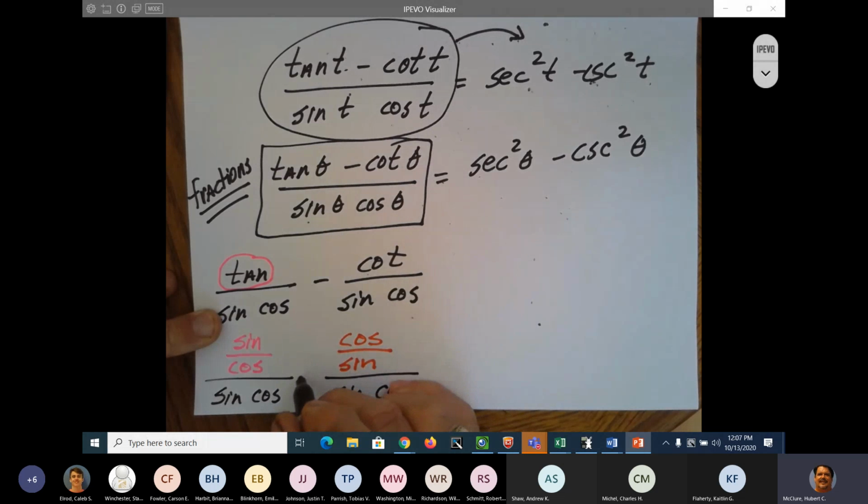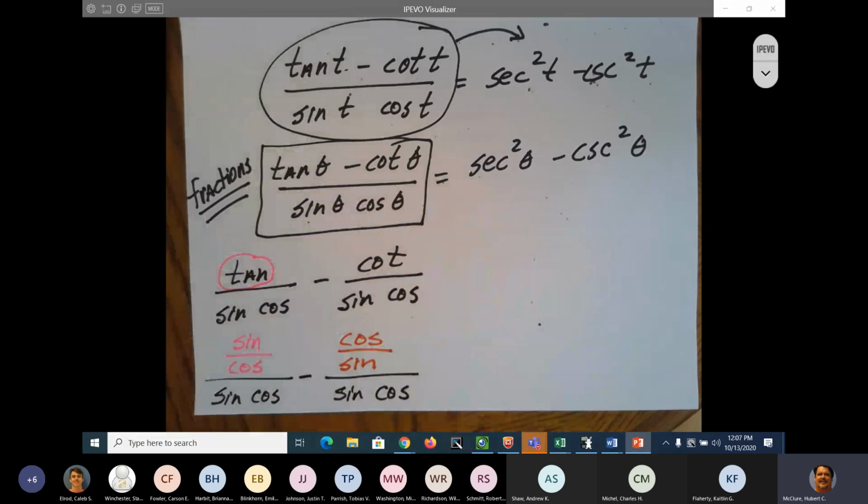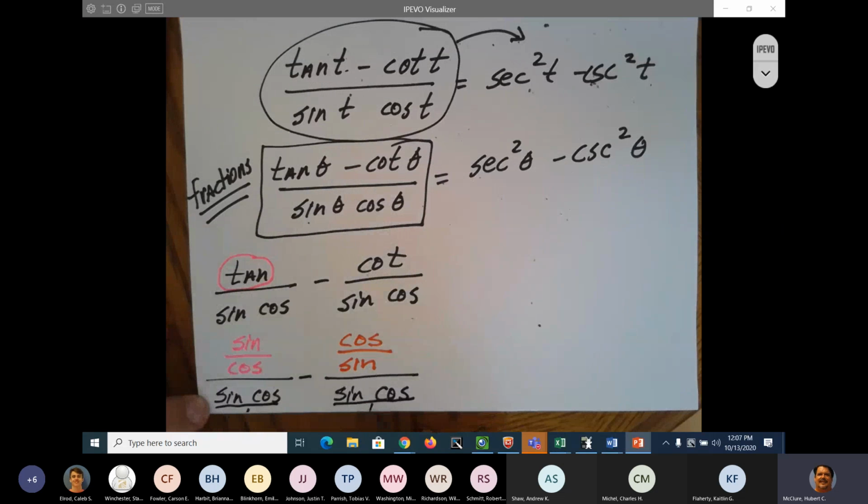Well, I am dividing a fraction by another fraction, because this is sine over cosine over 1. This is sine over cosine. So I can multiply both of these by the reciprocal, can't I?